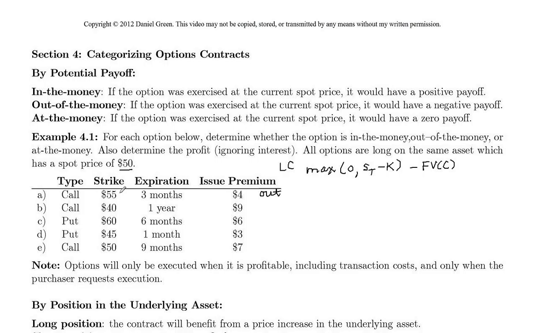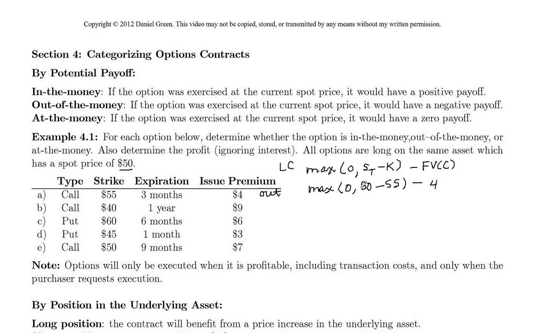Because we have the strike price of 55, if we exercised at 55, our profit is going to be the max of 0 and the market price of 50 minus the strike price of 55, and then we subtract off our premium, which is 4.